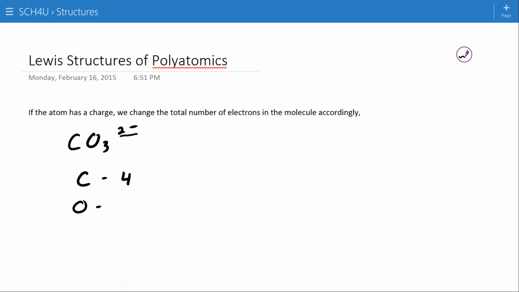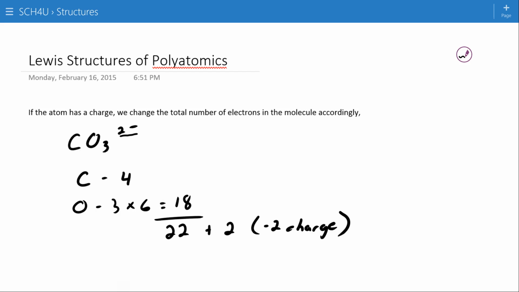Each oxygen would typically contribute 6 electrons, and we have 3 of them for a total of 18. So 4 plus 18 would normally have been 22, plus we get 2 extra electrons from the minus 2 charge. And so when we're making this Lewis structure, we have 24 electrons to work with.